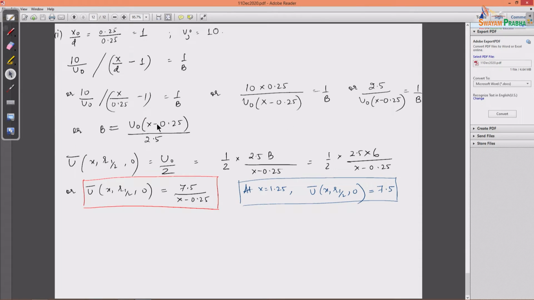Then we had stopped here. We took the first case, and these are the values we got: x naught by d is 1, and the jet velocity is equal to 10.